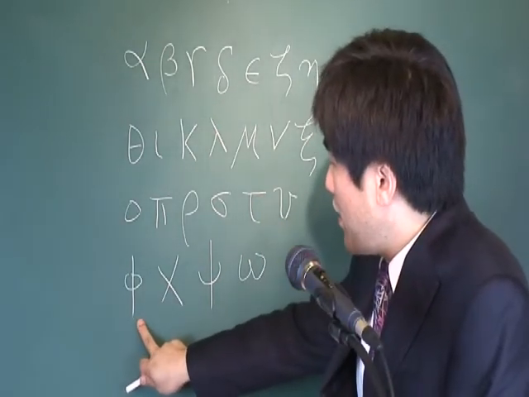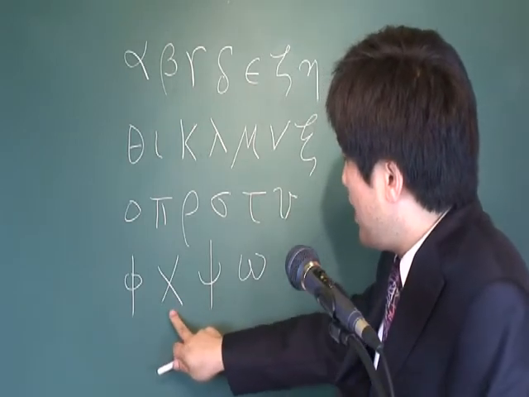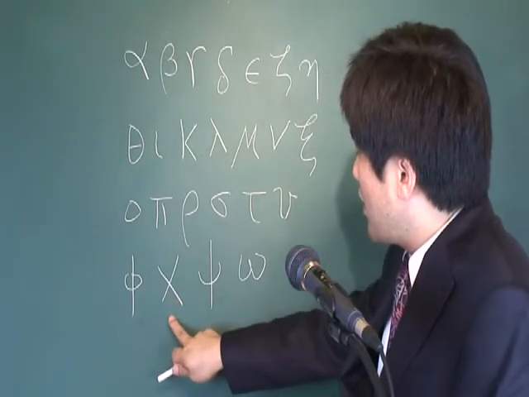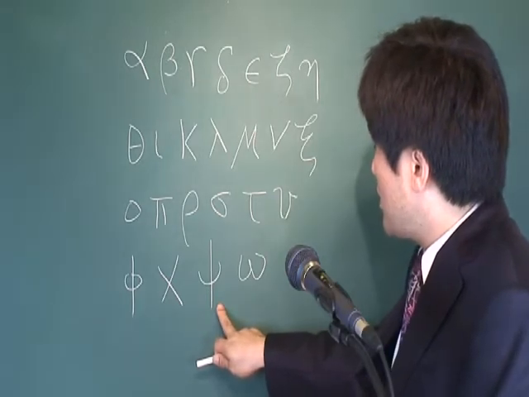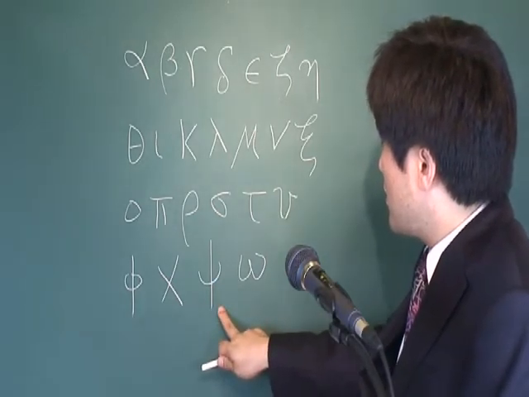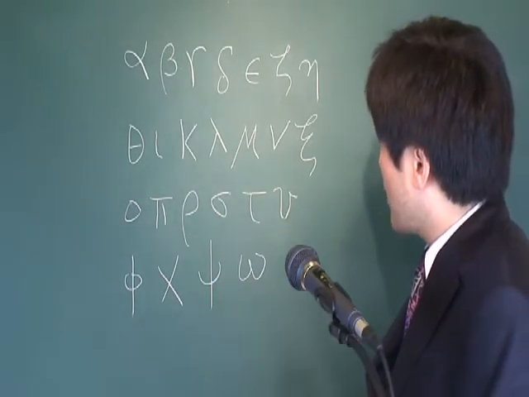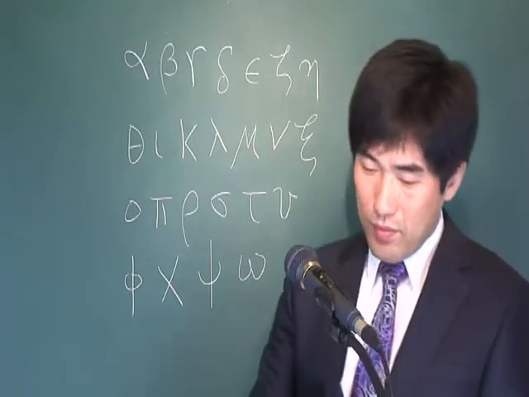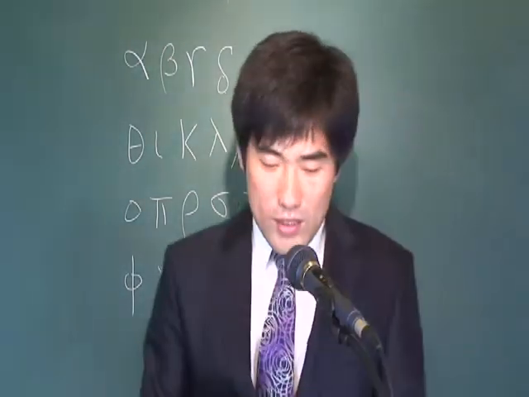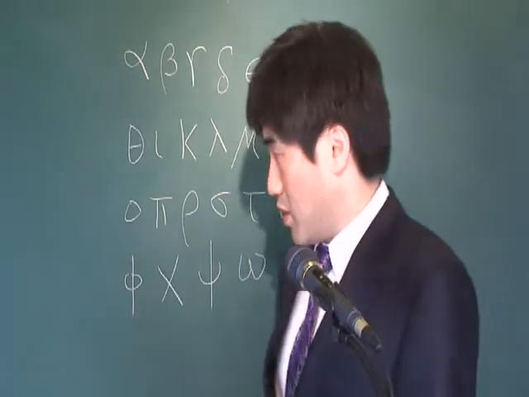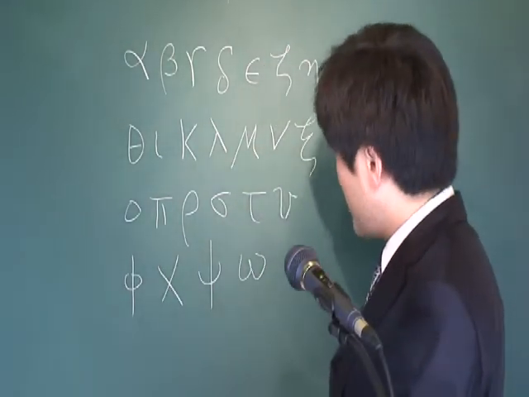Today we will be studying the present active indicative verb. We will study the active and indicative expressions next time, and at this time we will study the present verb.